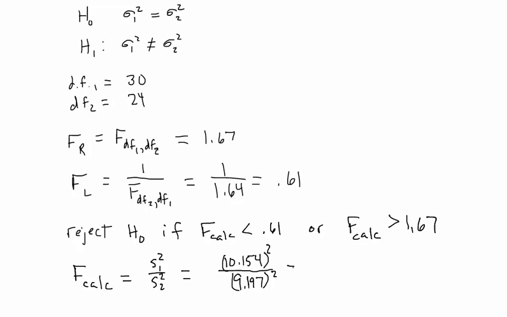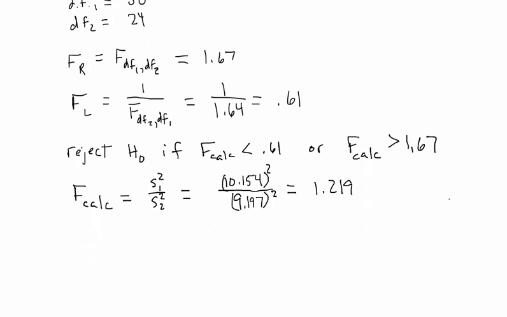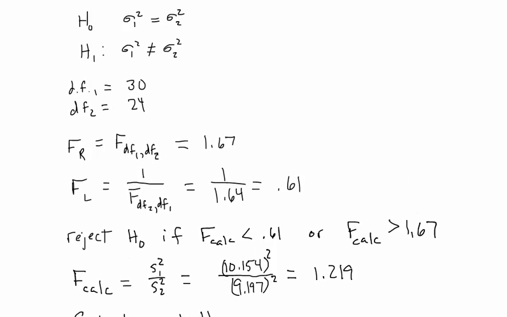And when we calculate this, we get 1.219. And 1.219 is not less than 0.61 or greater than 1.67. So we're going to fail to reject H naught. And if we're failing to reject H naught, then we're saying that our variances are equal.